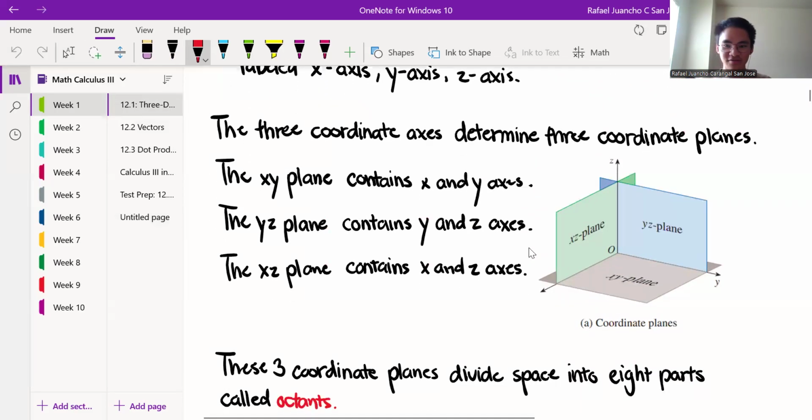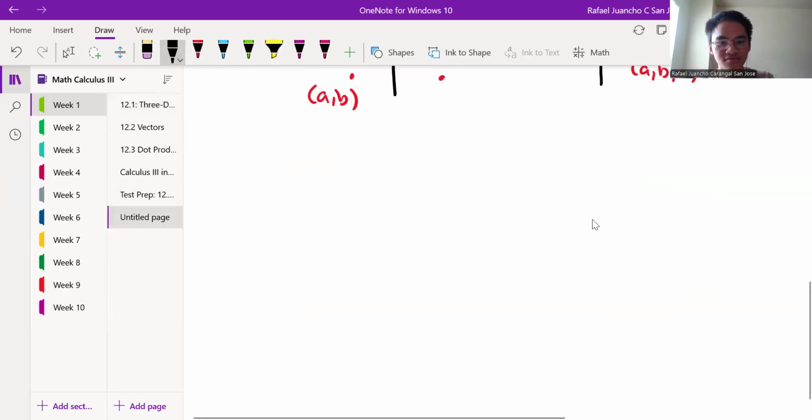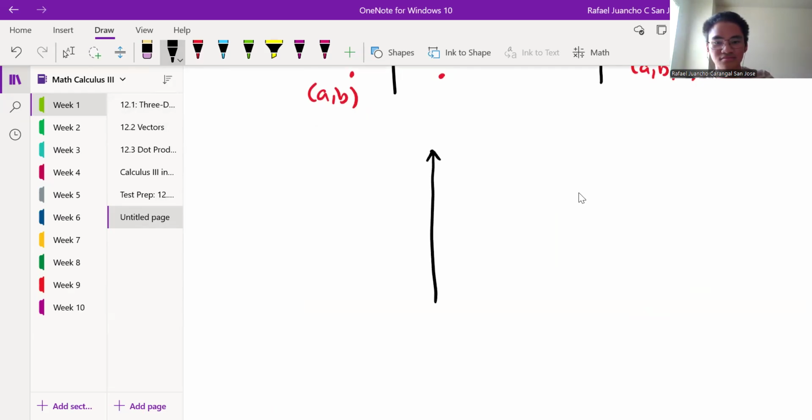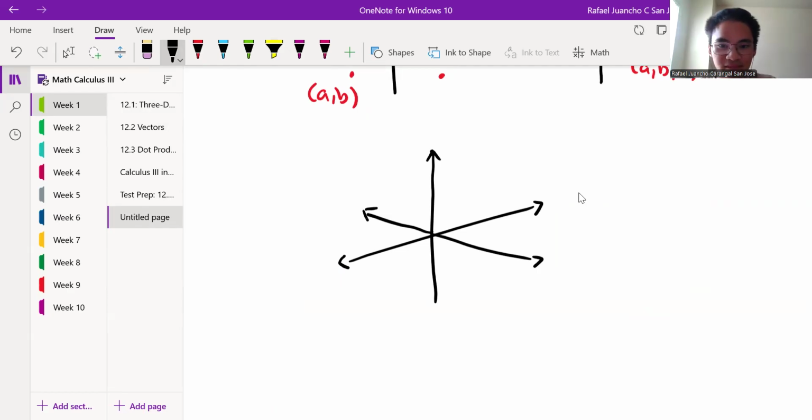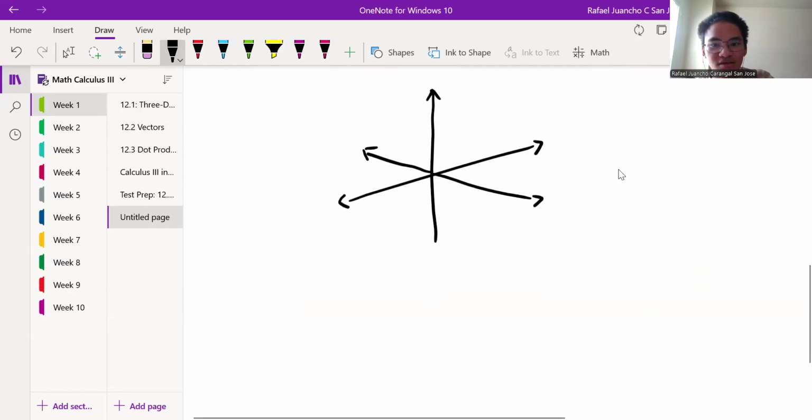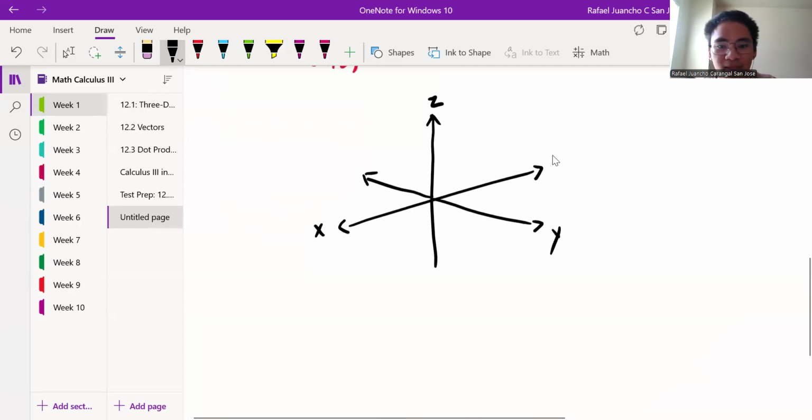So here we have the 3 coordinate axes, and they determine 3 coordinate planes. So let's redraw the thing. Our 3D space, right? And let's say this is X, Y, Z. So we have planes here, right?